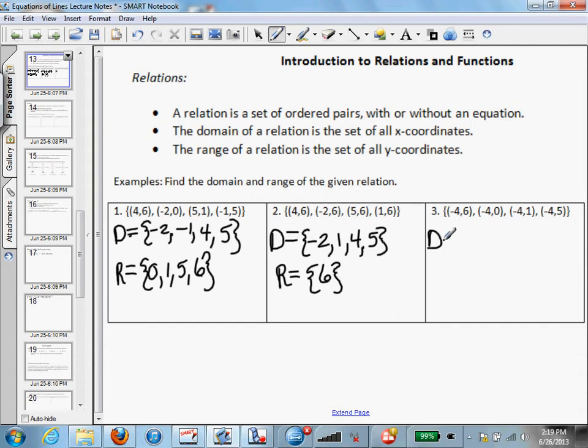Okay, and the domain for 3, if you look, they all share the same x value, so it's -4 for the domain. While the range from least to greatest should be 0, comma 1, comma 5, comma 6.